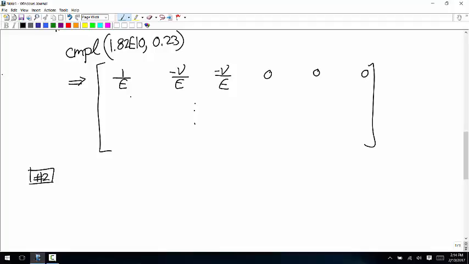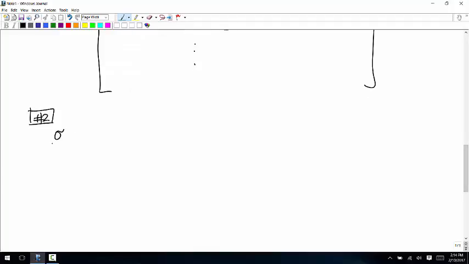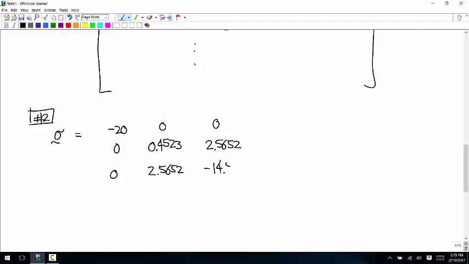Okay, so now suppose that the stress tensor at a point is negative 20, 0, 0, 0, 0.4523, 2.5652, 0, 2.5652, negative 14.5477.